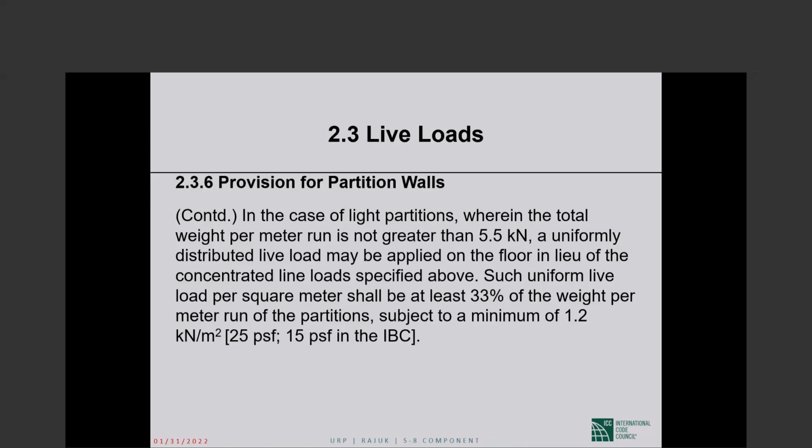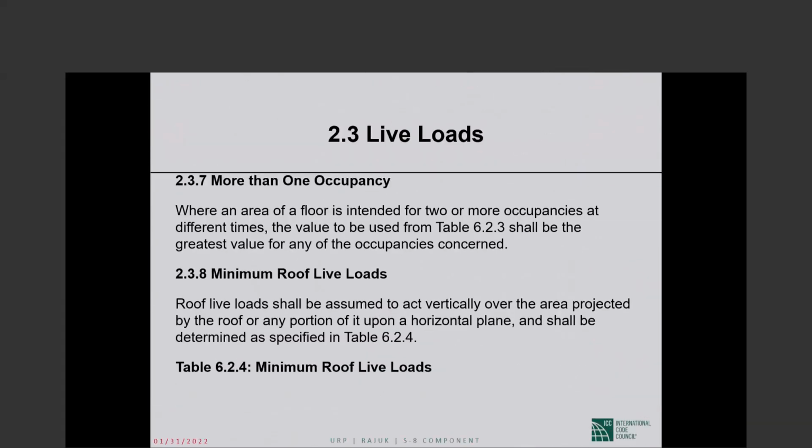Maybe the movable partitions are made of different material. I do not know, but it's a surprisingly high number. But anyway, that's the minimum, 25 pounds per square foot in BNBC. I don't think I have made any mistake. It's very clearly 1.2 kilonewton per square meter. One is about 20.